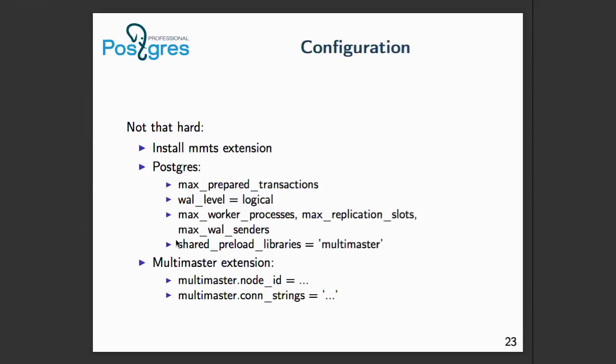Okay. But anyway, to run multimaster, you need that patched version of Postgres, and it's based on 9.6. We hope to post the changes to the Postgres community so they will be accepted into mainline Postgres, but right now they aren't. So the only option to run multimaster is against our 9.6 version.